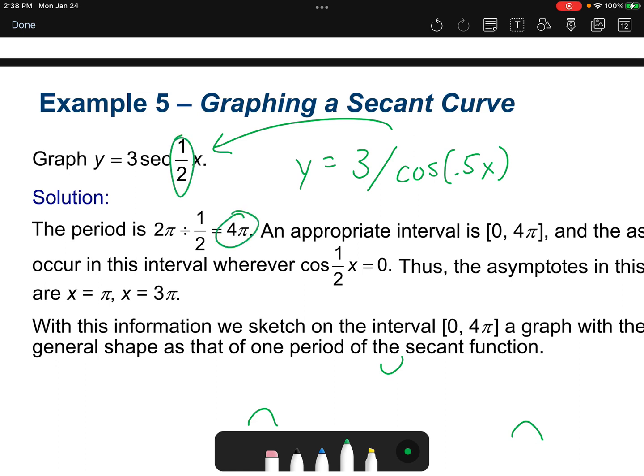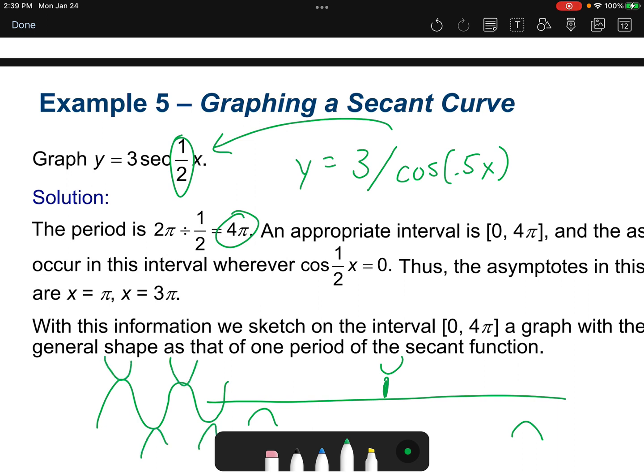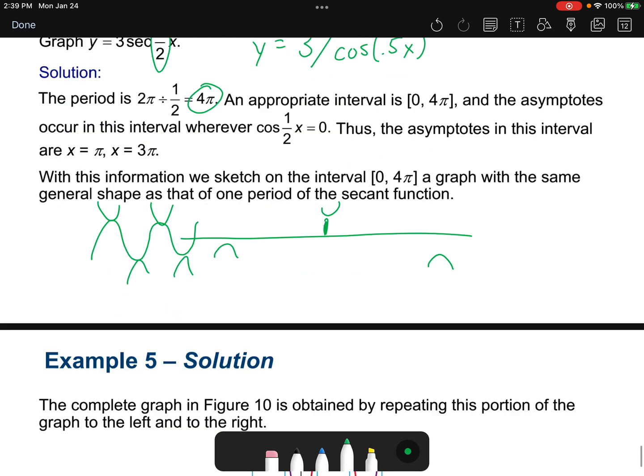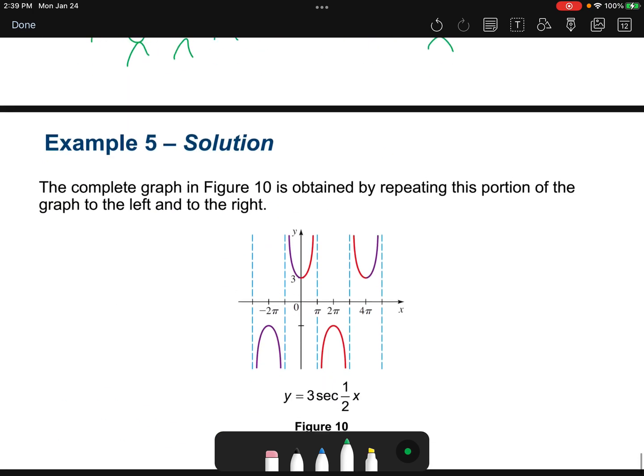Well, the period is 2 pi divided by 1/2, which is 4 pi. So 1 period is just 4 pi. So that's why we're not going to get much. And the 3 means that we've spread it out. Oops, our axis is farther away because remember our amplitude's 3 for our cosine curve. So it's going to look like this, right? So that's why it looks the way it does. And there it is. And that is the lesson on graphing.